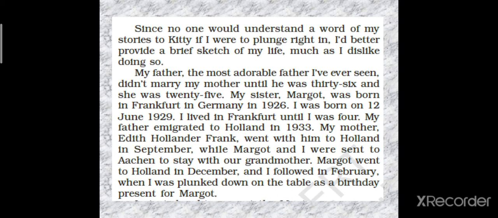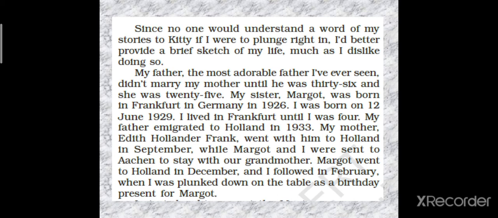My father emigrated to Holland in 1933. My mother, Edith Hollander Frank, went with him to Holland in September, while Margot and I were sent to Aachen to stay with our grandmother. Margot went to Holland in December, and I followed in February, when I was plunked down on the table as a birthday present for Margot."